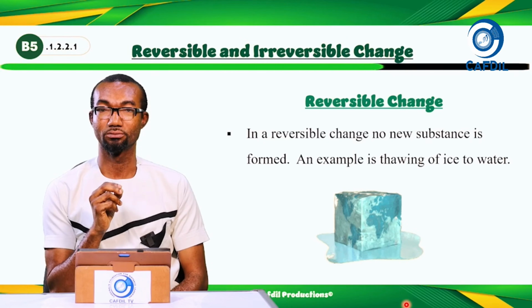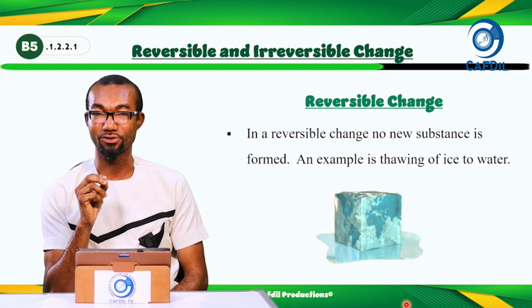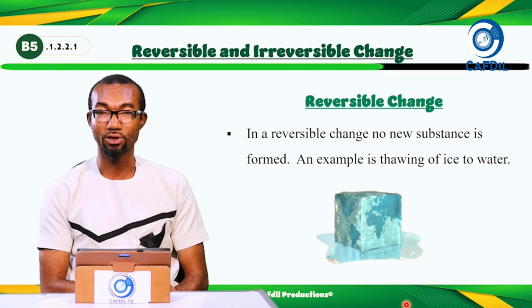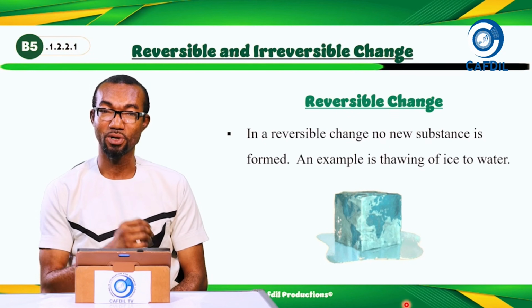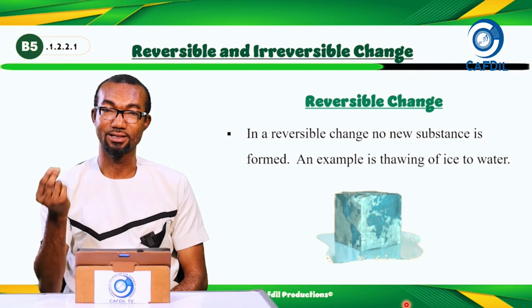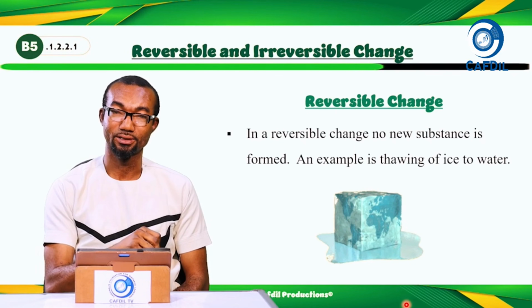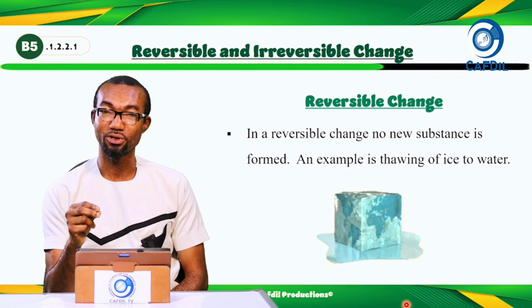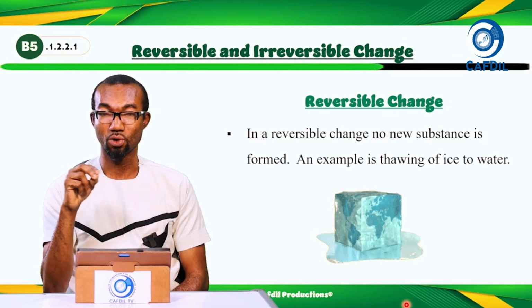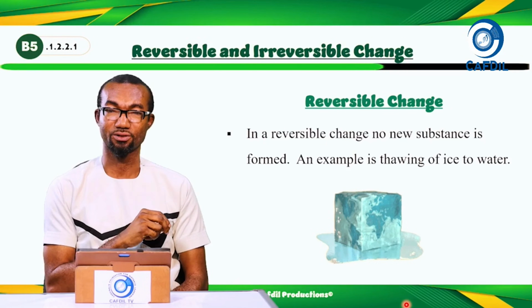An example is thawing of ice to water. When ice is turning into water, we call it thawing. So thawing of ice to water is a reversible change. Why?